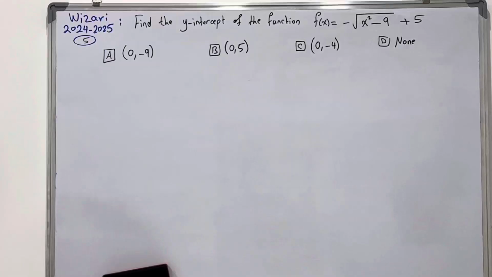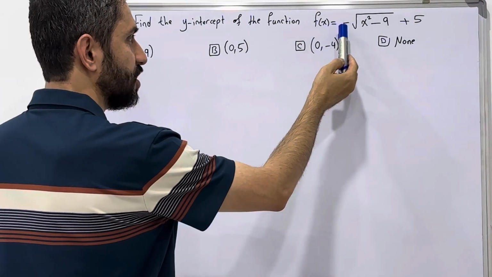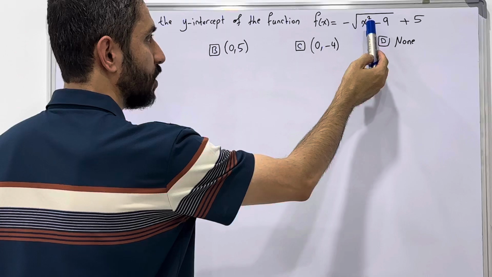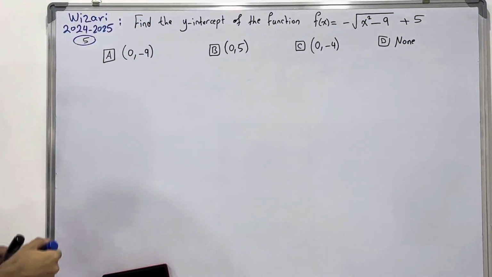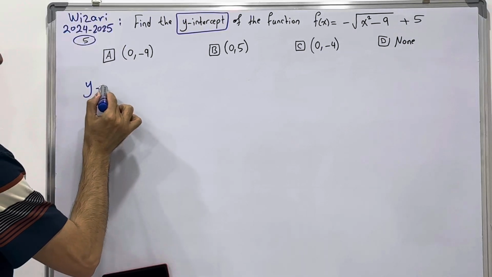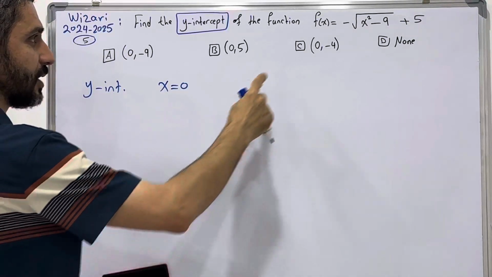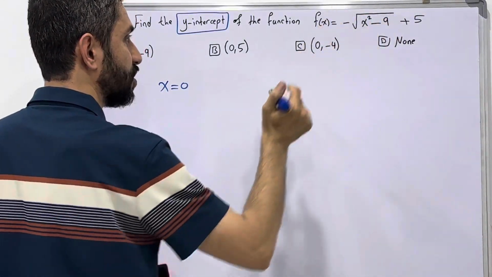B. And this one, find the y-intercept of the function f of x equals negative square root of x squared minus 9 plus 5. To find the y-intercept, we will make x 0. Let us replace each x in the given function by 0.